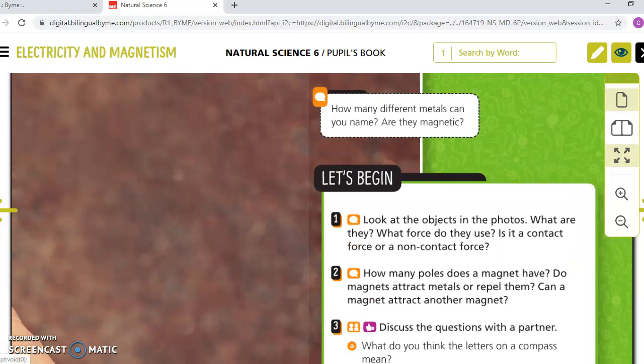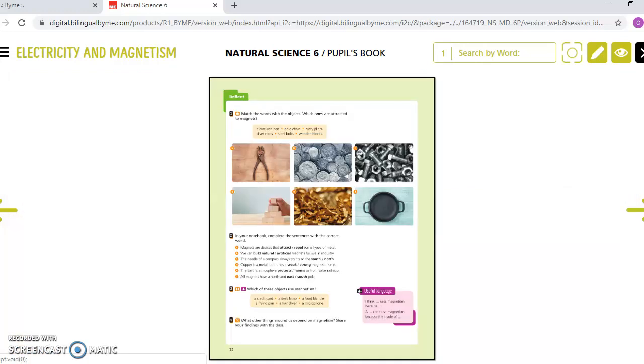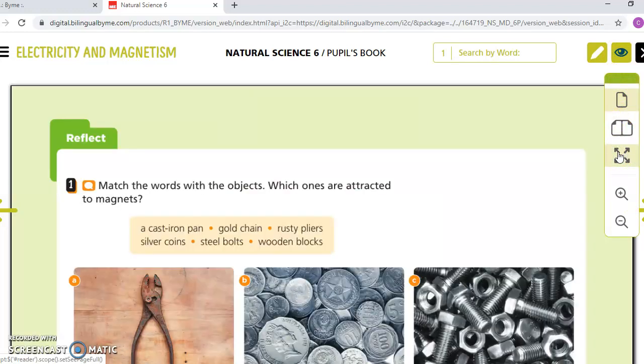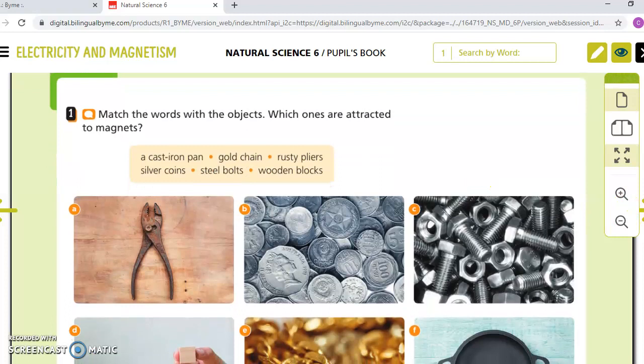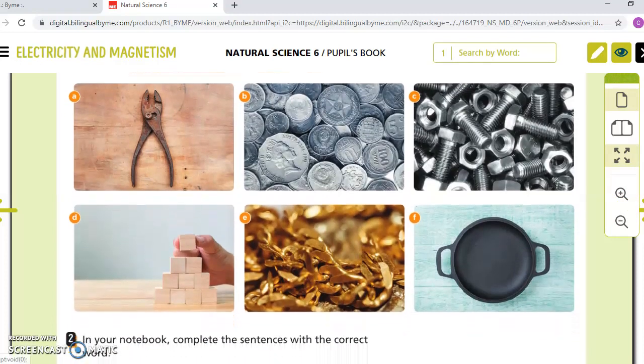So now we move on to the next part of the unit, which is the reflection. Again, we are just revising what you know from previous years. Here, match the words with the objects which are attracted to magnets. If you've got a magnet at home, you can even try it. Take objects that are similar to these ones, very easy to find.